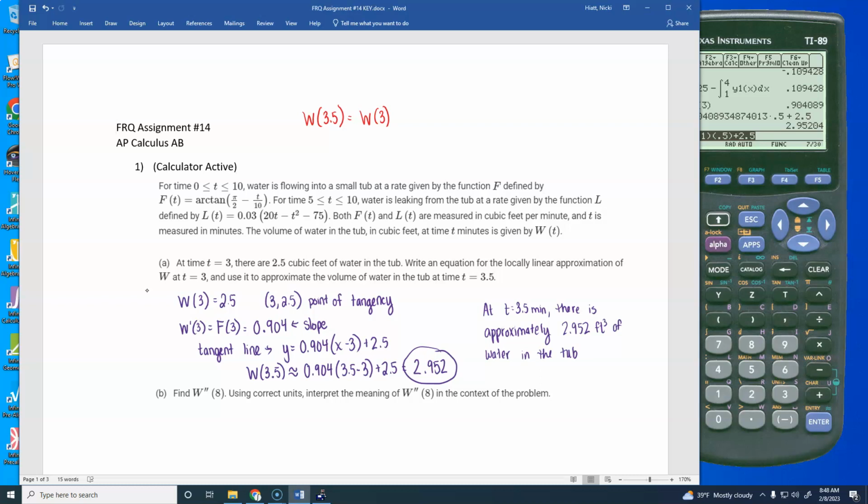How can I find how much the amount of water changed from 3 to 3.5? Yes, I could integrate, because f of t is the derivative of w, right? So I could integrate from 3 to 3.5 f of t dt.